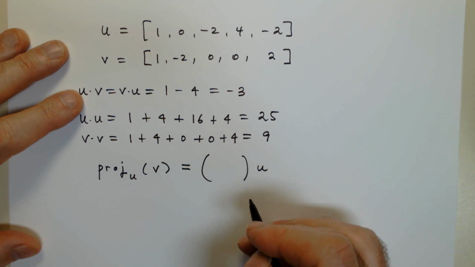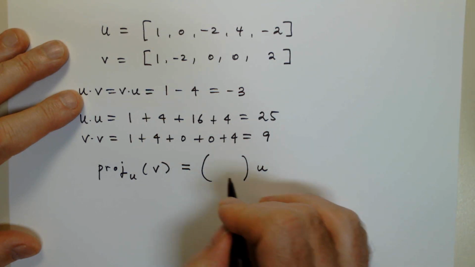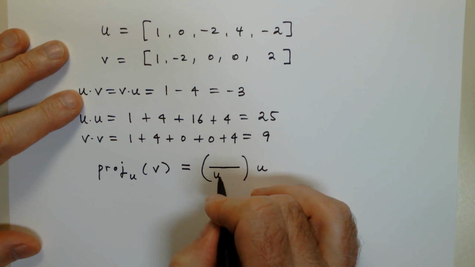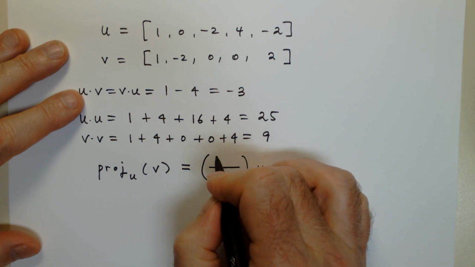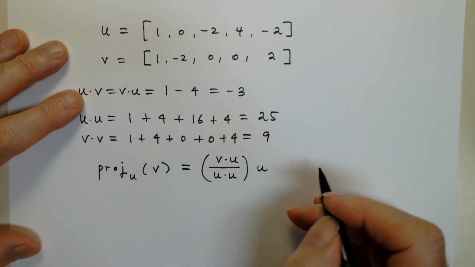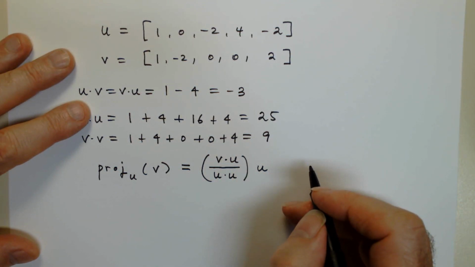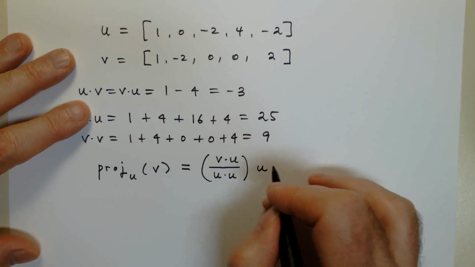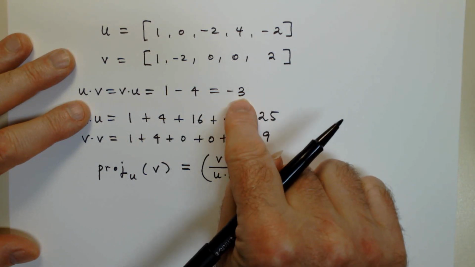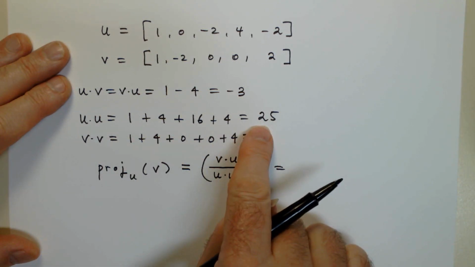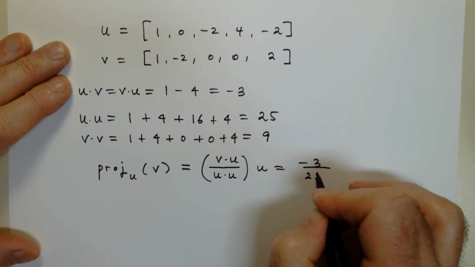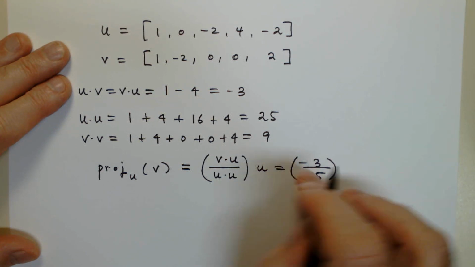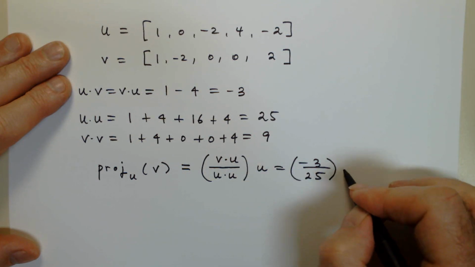We know that the denominator is going to be the u dot u part, and the numerator is going to be the v dot u part. So we just have to remember how to put all the pieces together. So for this particular projection, we're going to get the negative 3 in the numerator, the 25 in the denominator, and this is a multiple of the vector u.